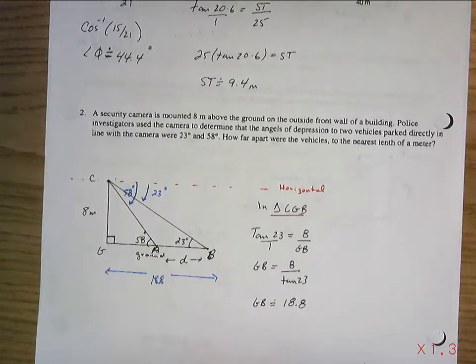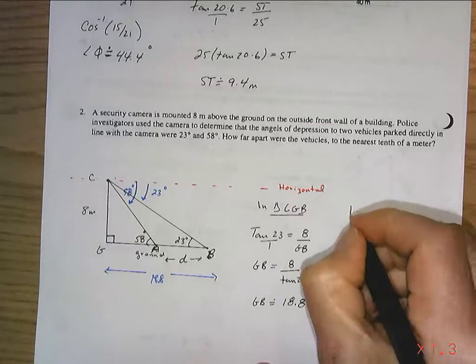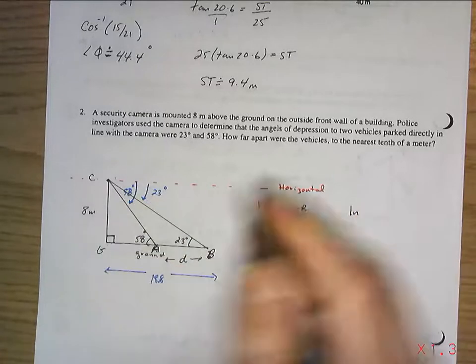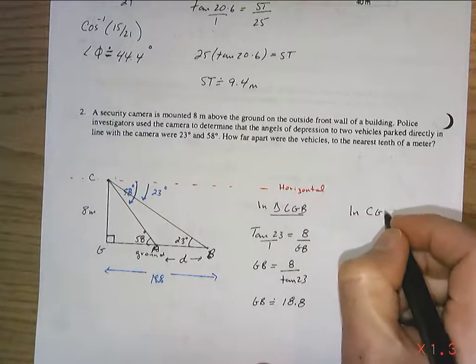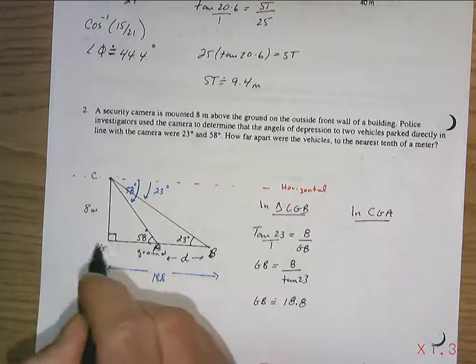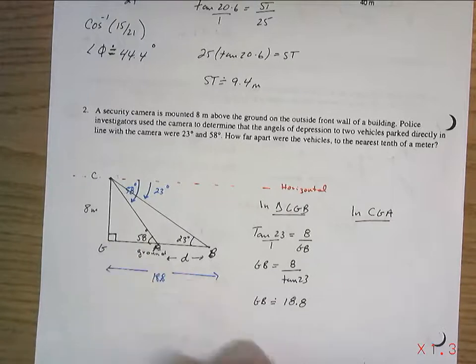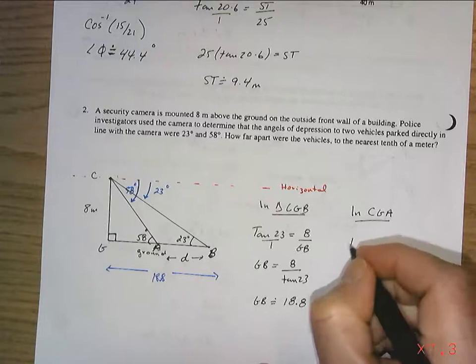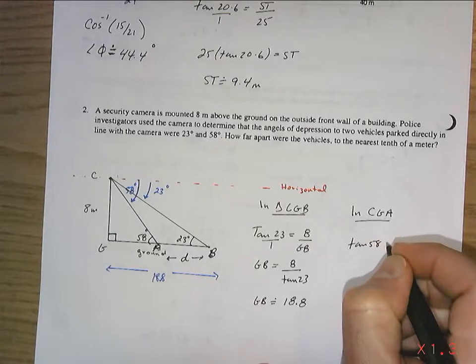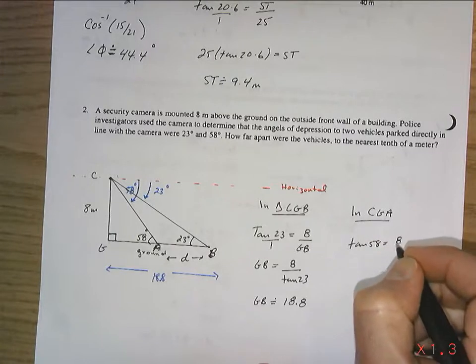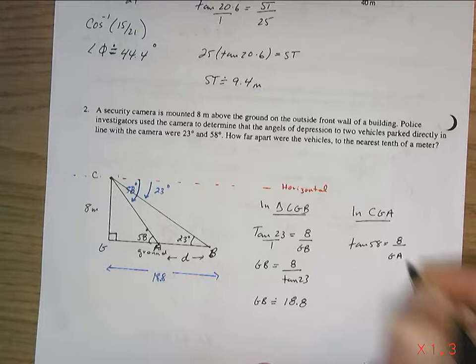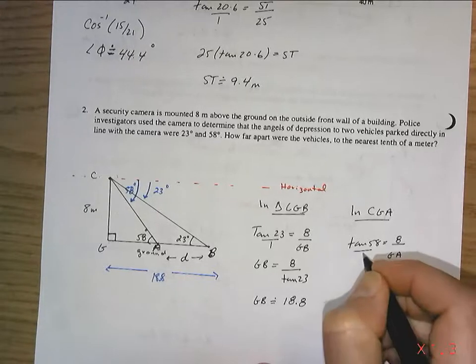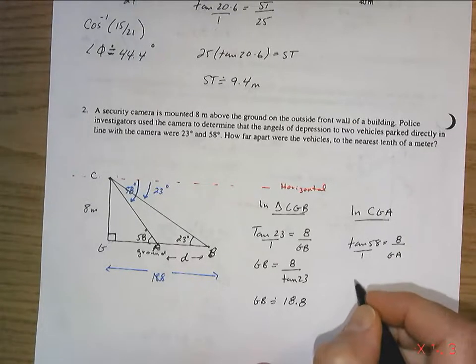So I'm working in another triangle now, in triangle CGA, the smaller triangle of the two. I've got opposite and adjacent, so that's tangent again, but this time it's tan 58 degrees equals 8 over GA. Again, cross multiply and reduce.